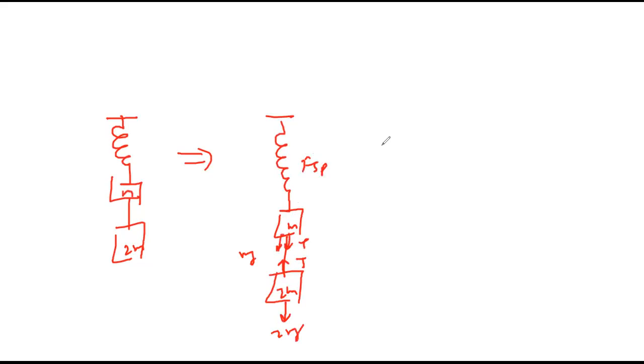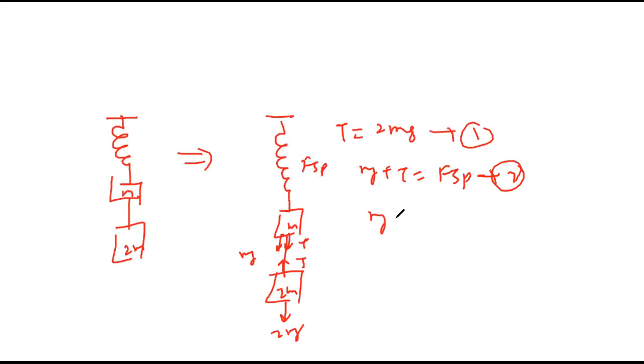This is 2mg. So we got 2mg and tension are the same, equation 1. Then mg downward plus tension T is balancing the force in the spring, equation 2. Therefore mg plus 2mg is the force in the spring, 3mg is the force in the spring. You all have written this?